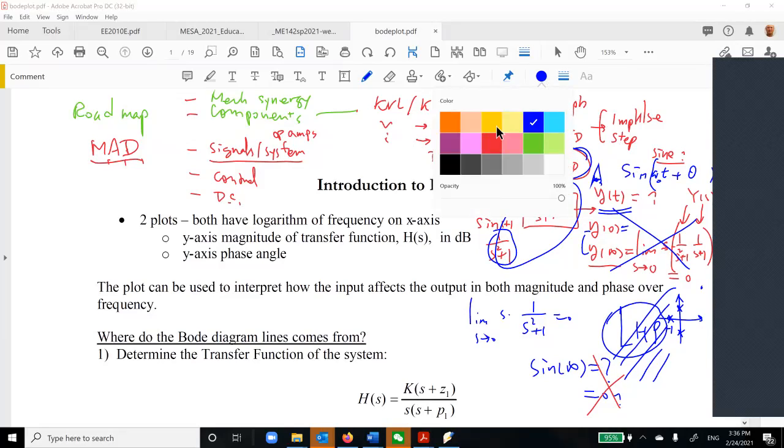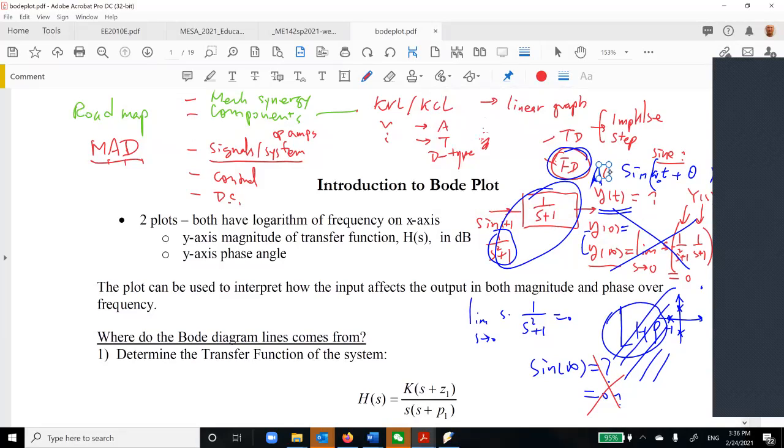This magnitude will change based on your omega 0, and the phase is also based on omega 0. So we can plot theta versus omega, if you have omega changing. As if I'm seeing how the system responds as my frequency changes, how my magnitude and the phase will change. But remember, it is still a sinusoid of the same frequency in the time domain, okay?